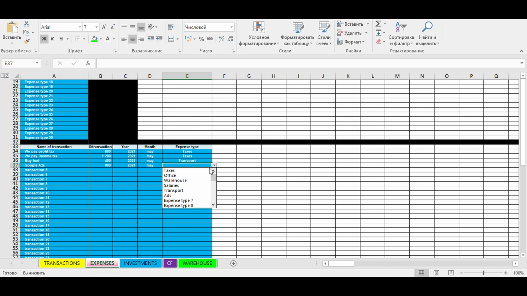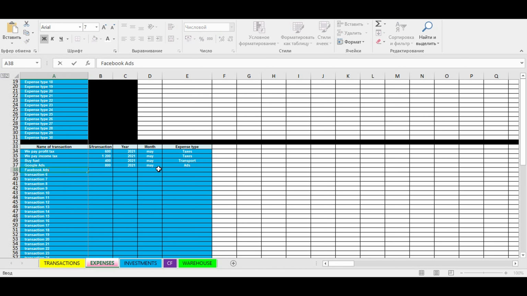Here we choose advertising. Then, for example, we need to pay some advertising in Facebook. For example, it will be $1,500.